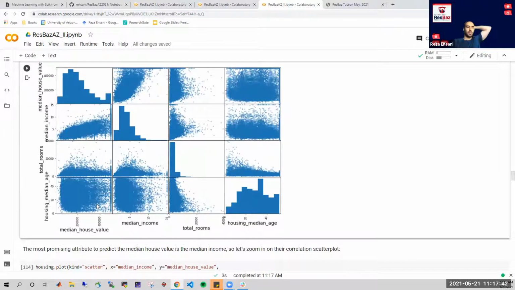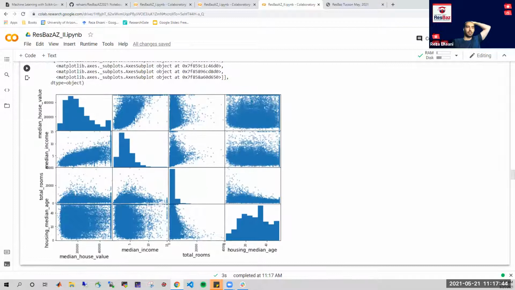So if you look at each plot, for example, here the x-axis shows the median house value and the y-axis shows the median income, and apparently there's a relation between these two. If you look at the median income versus the median house value, it's really promising because it shows that as the median income goes higher, the median house value also goes higher.